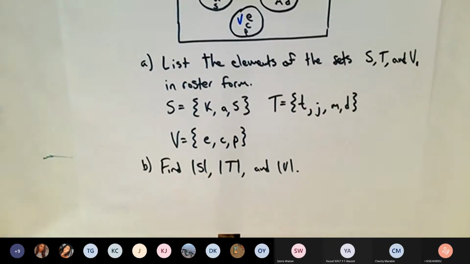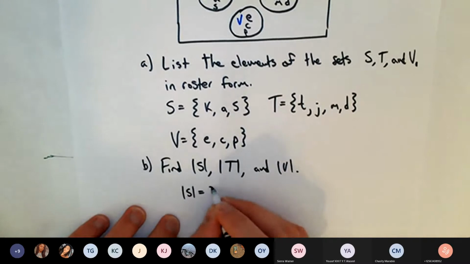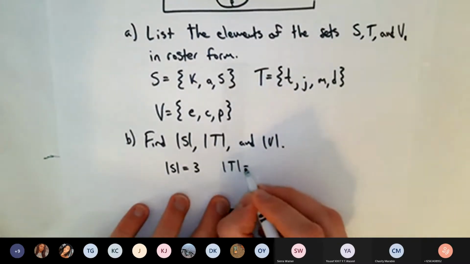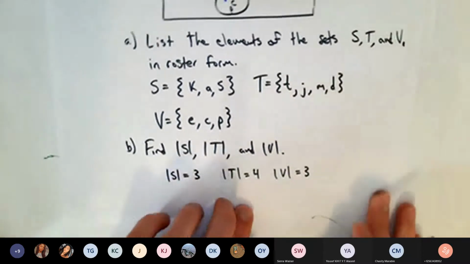Okay. So remember the cardinal numbers are just the number of elements in a set. So the cardinal number of S is 3. The cardinal number of T is 4, and the cardinal number of V is also 3.